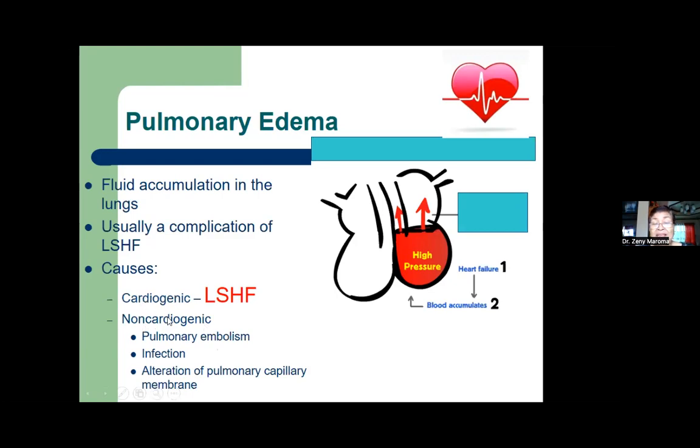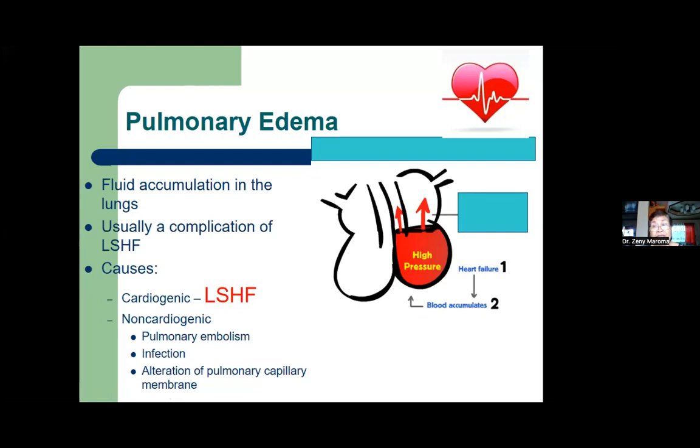Pero marami din palang non-cardiogenic. Non-cardiogenic cause is when there's pulmonary embolism. Ito yung may nagbara sa pulmonary artery branch. So therefore, there's decreased oxygen, decreased blood flow to the lungs. Kaya mamamaga ang lungs. Magkakaroon ng pulmonary edema.